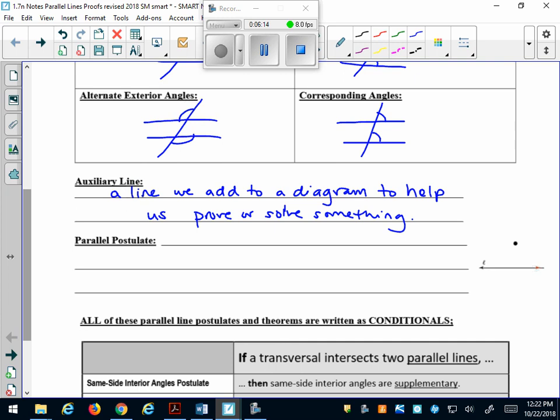Okay, the parallel postulate is kind of wordy, but it's a really basic concept.